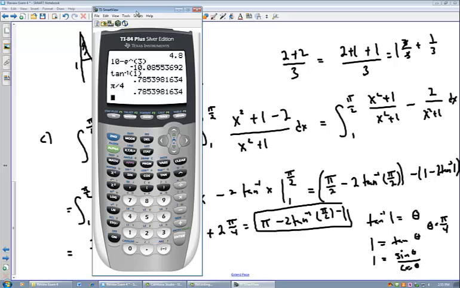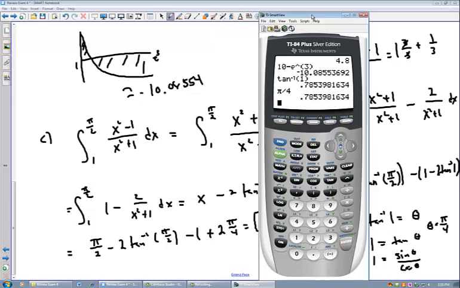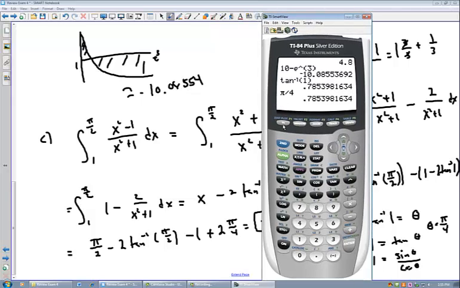Now, I can graph this. Oh, and I forgot to graph the other. So I can graph this one, right? So let's graph it and check our answer. So on here, I'm going to put left parenthesis, x raised to the 2 minus 1 in parenthesis, divided by left parenthesis, x raised to the 2 plus 1 in parenthesis. My window is going to go from 1 to pi over 2.